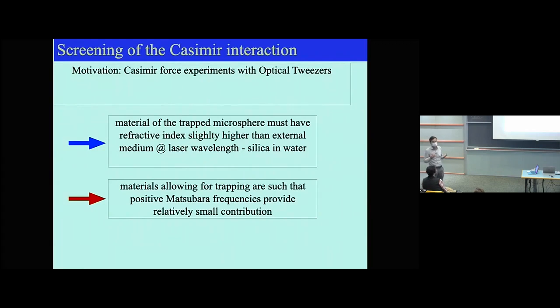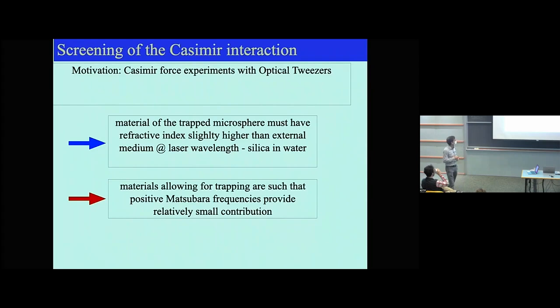So in other words, situations such that the zero frequency contribution is relatively big or bigger than the positive ones are precisely the situations where it's possible to trap the material. So for instance, silica. Another example is polystyrene, both in water, okay? So the relative refractive index is slightly larger than 1, but not much.